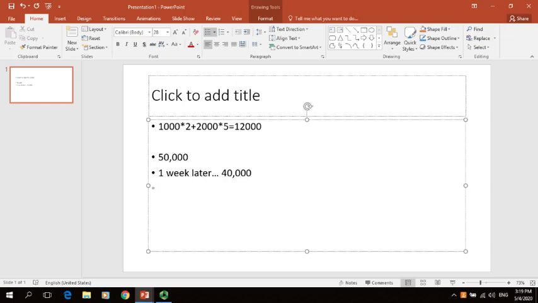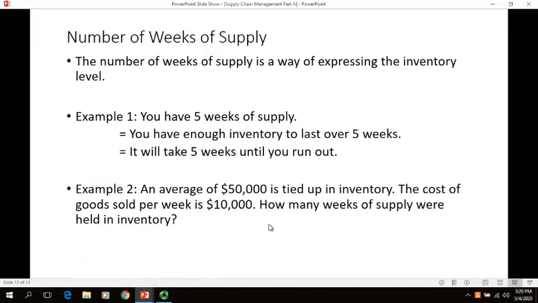Next, what happens two weeks later? Again, you sell inventory that's worth $10,000. So your inventory is worth $30,000. So how many weeks does it take until you run out? 5 weeks, right? So the answer is 5 weeks. We have 5 weeks of supply.